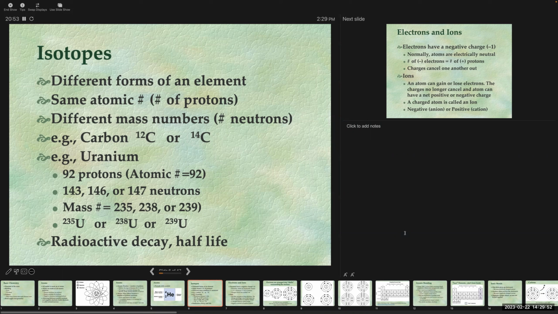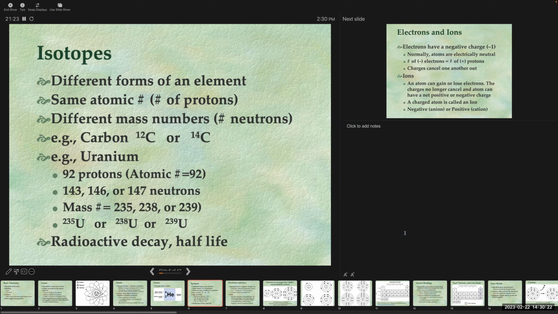So carbon always has 6 protons, otherwise it wouldn't be carbon. But carbon also frequently has 6 neutrons as well. So if you add 6 protons plus 6 neutrons, you get a mass number of 12. So that's what carbon-12 is. It's carbon that has 6 protons in the nucleus plus also 6 neutrons in the nucleus.